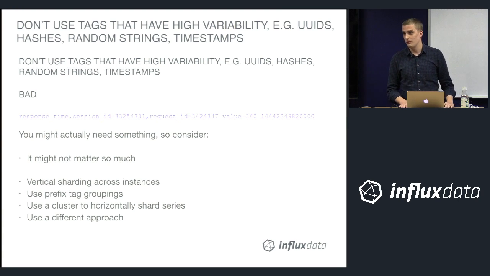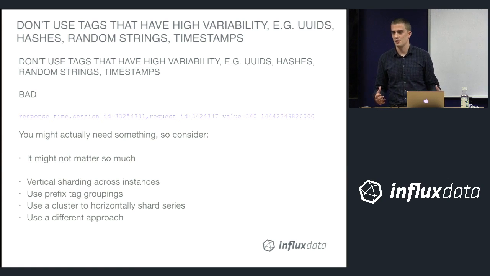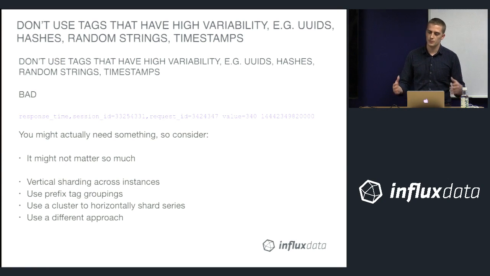A lot of the point of tags is that it makes it easy to query this stuff fast. But it does come at a cost of memory usage, and so generally, cardinality might not matter that much for your use case, depending on how big your box is and what your use case is.